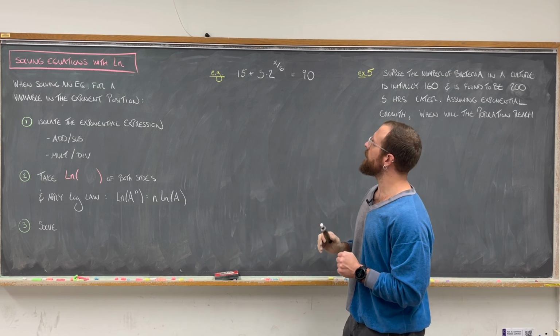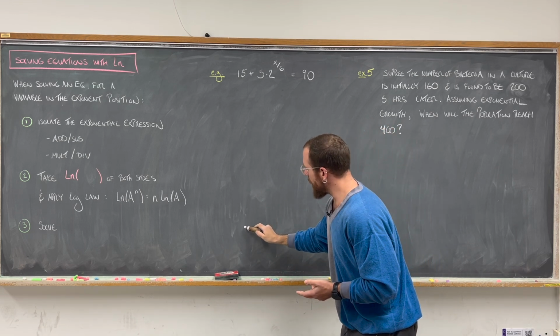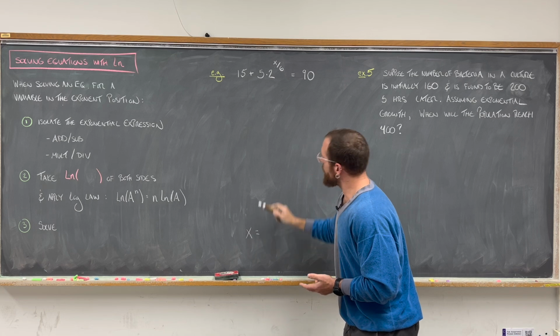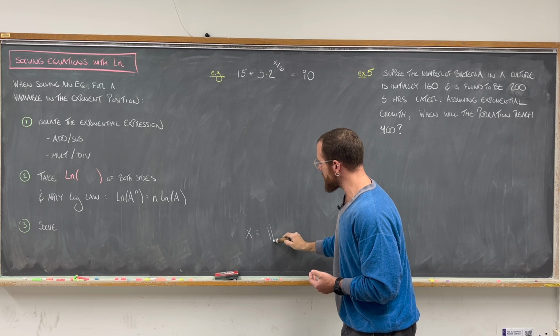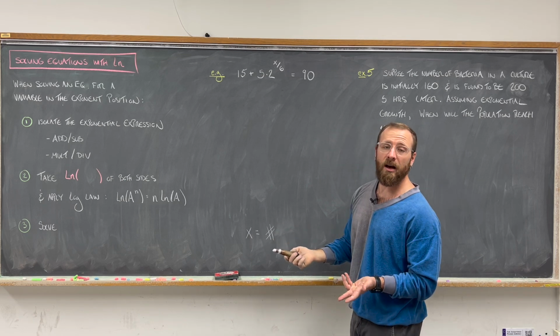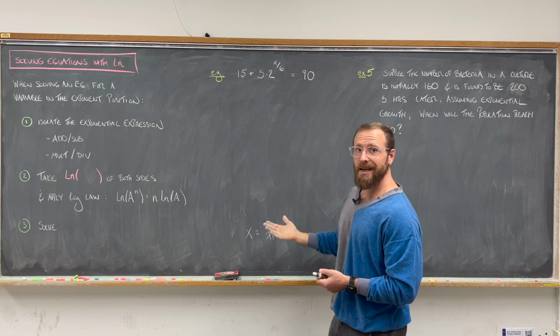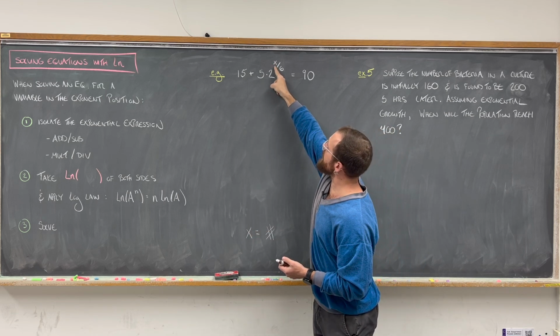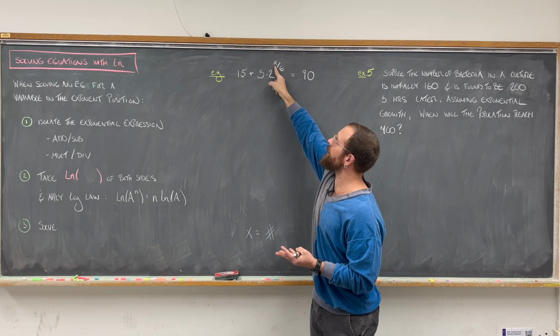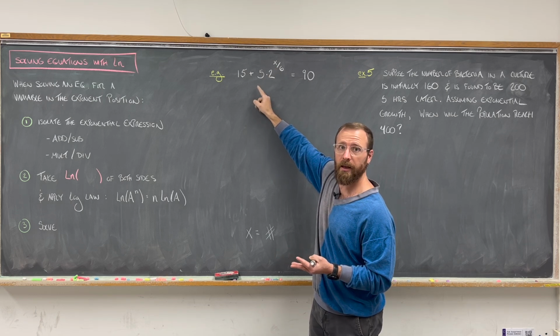And if you think about it, of course I am. To solve this, I have to eventually get down to x equals a number. That's what it means to solve the equation. And you can kind of see that one thing that's going to have to happen at some point along the journey is that that exponent, x, is going to have to come downstairs. Okay?